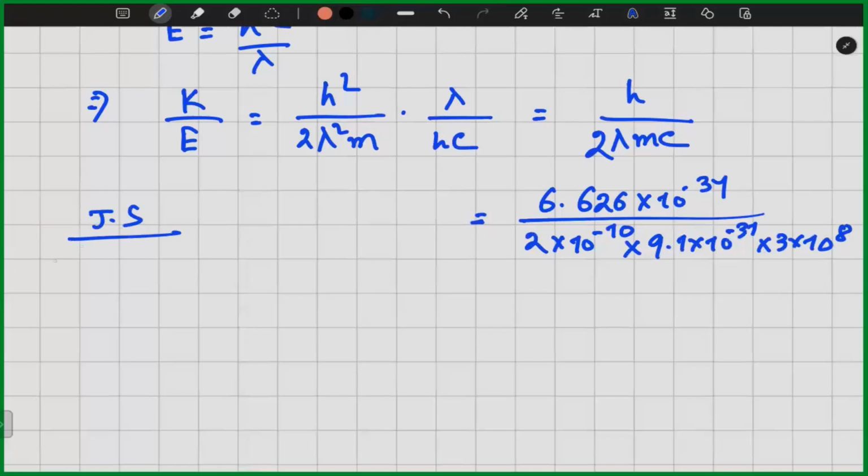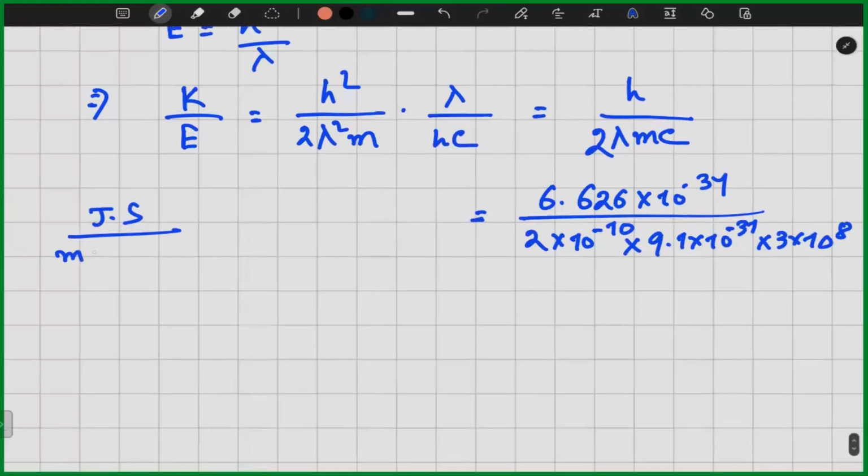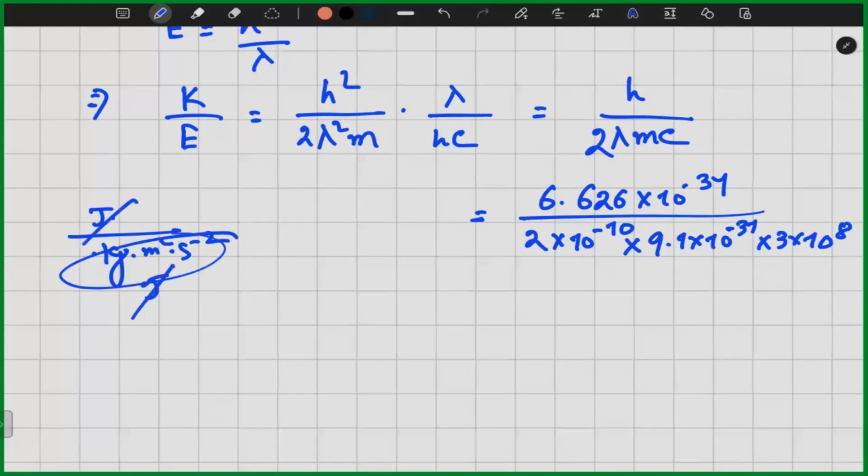For lambda, the unit is meter. For the mass of the electron, the unit is kg, and c is meter per second. So this is joule, so joule cancels out. So this is dimensionless, and it should be because it's the ratio.